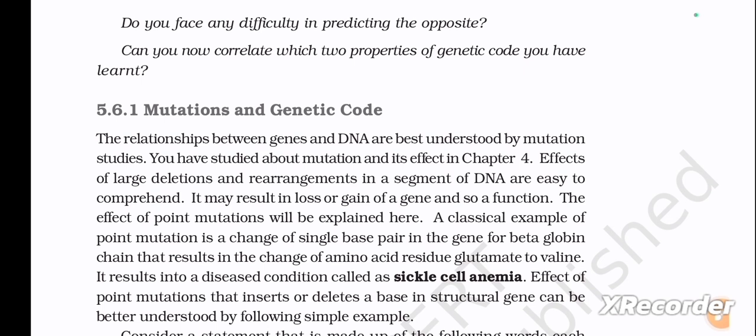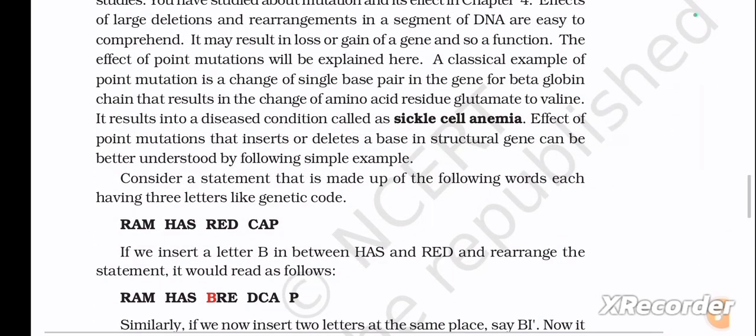The effect of point mutations will be explained here. A classical example of point mutation is a change of a single base pair in the gene for beta globin chain that results in the change of amino acid residue glutamate to valine. It results in a diseased condition called sickle cell anemia.